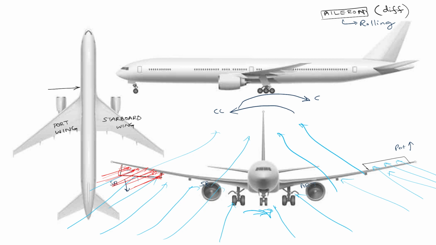Ma'am, you are talking about the ailerons or you are talking about the wings? Ailerons, this particular control surface, aileron. Ma'am, I want to ask you one thing. If the port aileron is going up, first you tell me, then no, forget about port and starboard.